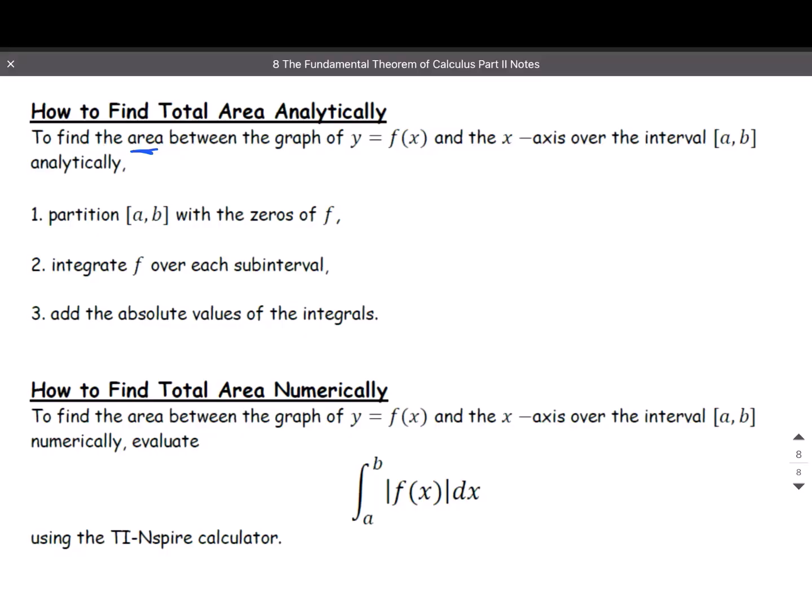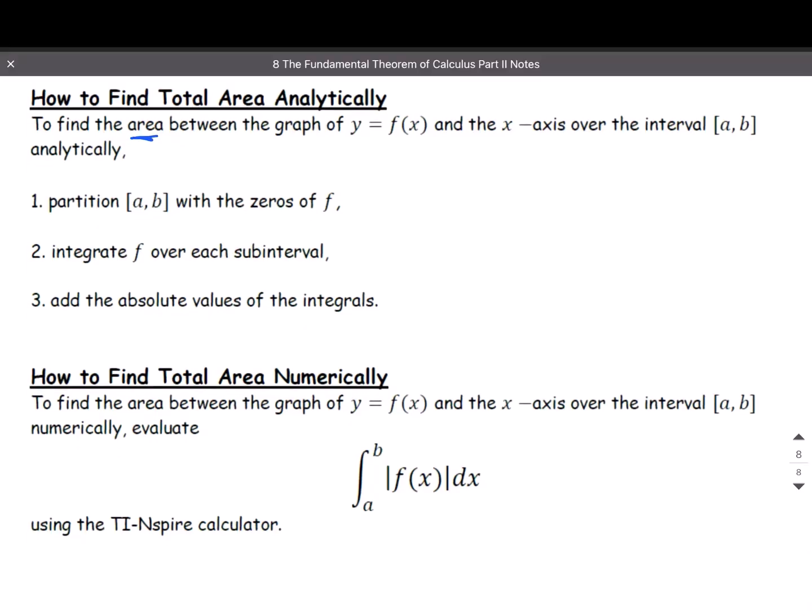It's the same thing. Another way to do this, if you're doing it numerically, which means with your calculator, you can find the integral from a to b of the absolute value of f of x dx using your calculator. That will give you the total area.